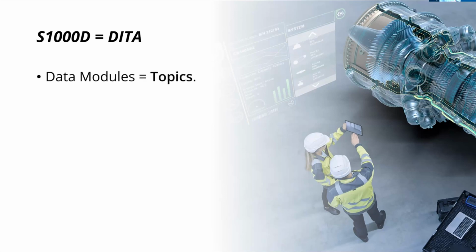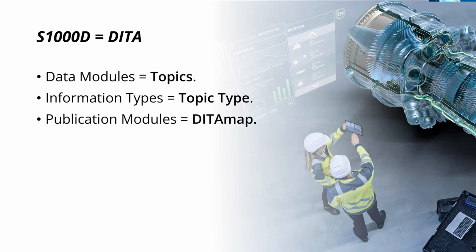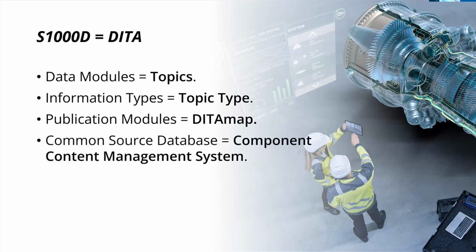So data modules are the same as topics, is what we have in DITA. Information types is a topic type, whereas S1000D will give you 14 different ones to choose from. DITA will only give you 3 to choose from. You've got a concept topic, a task topic, and a reference topic. And we have a DITA map which organizes those topics into a publication.